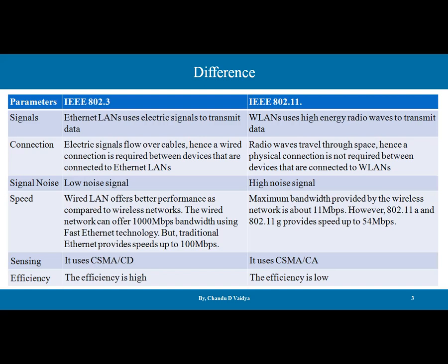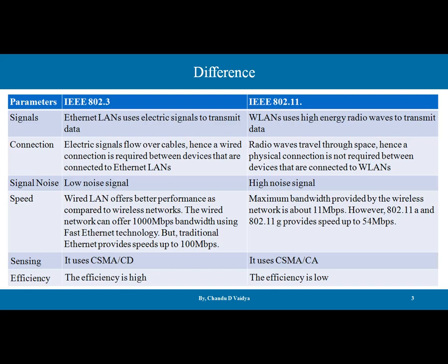However, 802.11g provides speeds up to 54 Mbps nowadays. Sensing: it uses CSMA/CD, carrier sense multiple access with collision detection. But the wireless network uses CSMA/CA, that is collision avoidance.